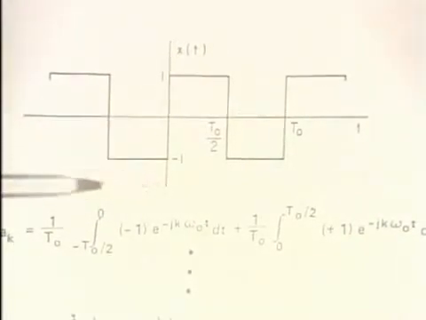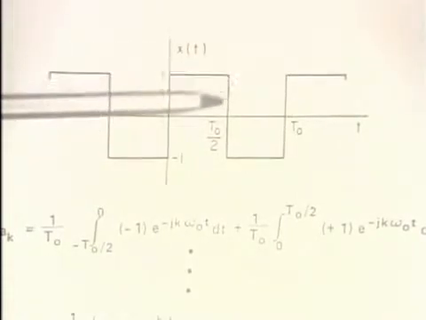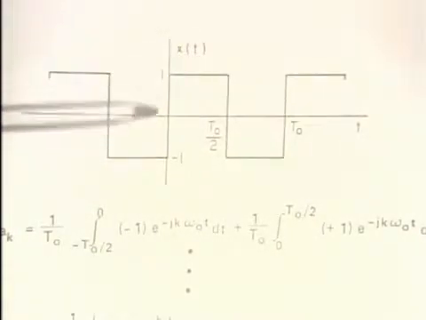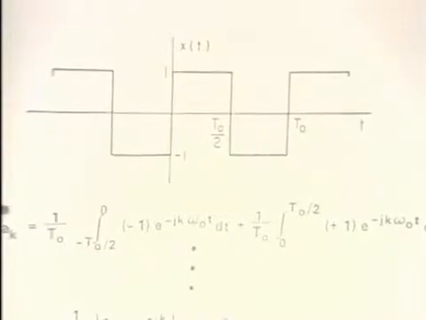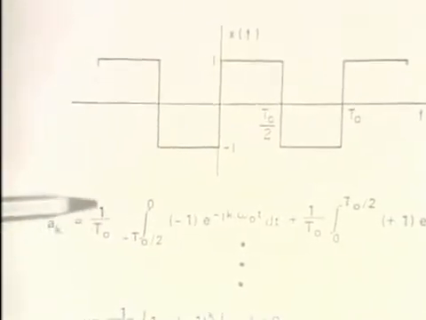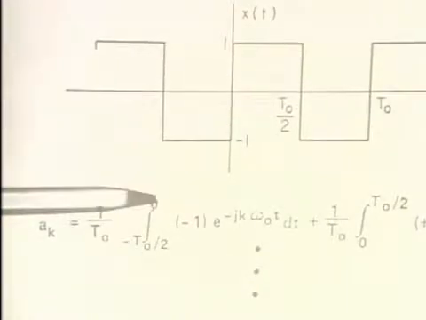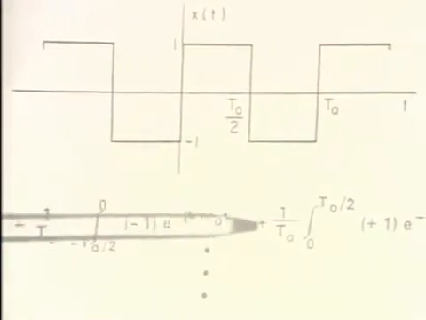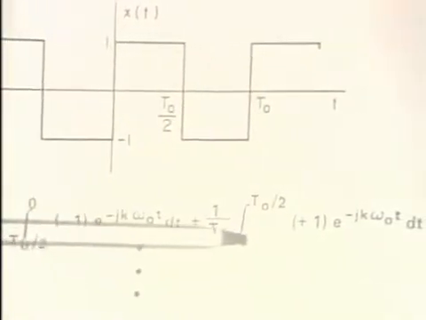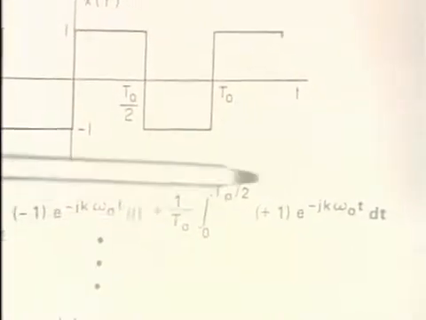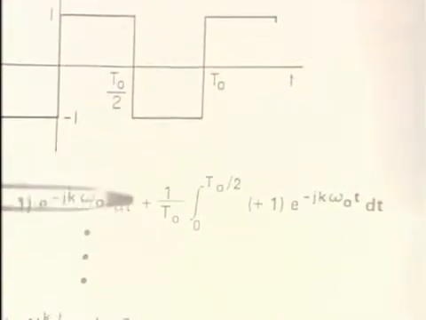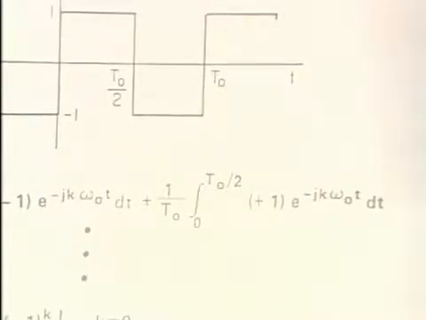So here x of t is minus 1, here x of t is plus 1. And so I've expressed the Fourier series coefficients as this integral from minus T0 over 2 to 0, and then added to that is the positive part of the cycle. And so we have these two integrals.